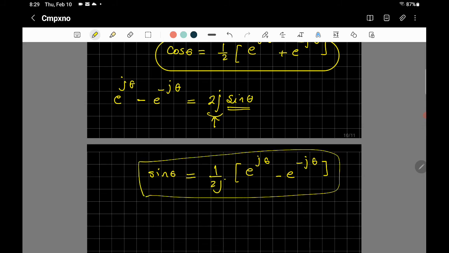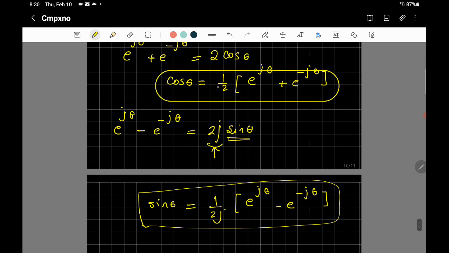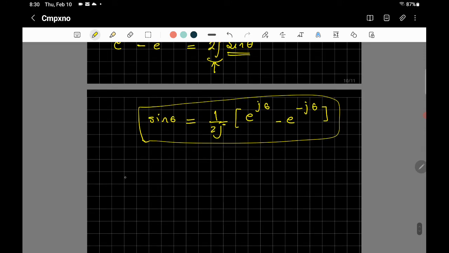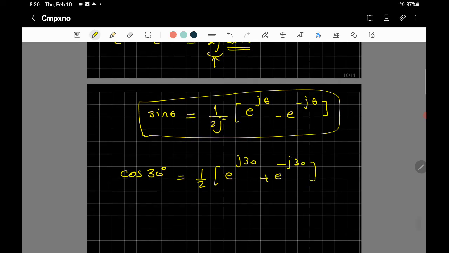So we got two important formulas here. One for the cosine: you add e to the j theta and e to the minus j theta, divided by 2. If you want to find sine of the angle, you take e to the j theta minus e to the minus j theta, divided by 2j. So for example, if you want to express cosine 30 degrees, that will be equal to half e to the j 30 plus e to the j minus 30, if you are using degrees.